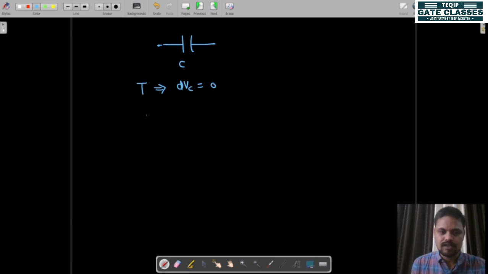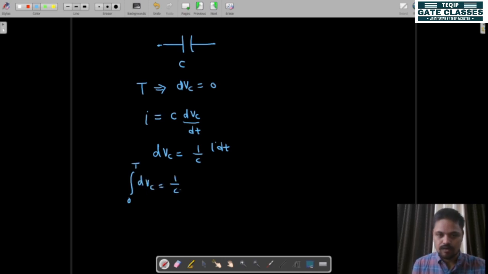So from there, I is equal to C dVc by dt, so dVc is equal to 1 upon C times I dt, and if you take the integration over time period t, on and off, in the same way as the inductor, this dVc is going to be 1 upon C times the integration of I dt, and this is going to be 0.